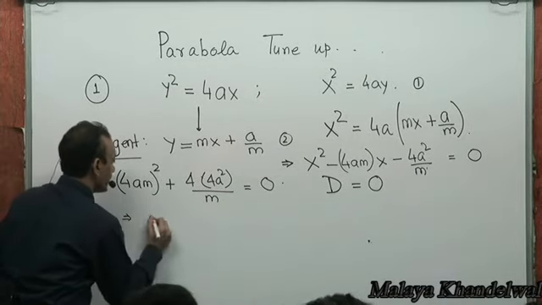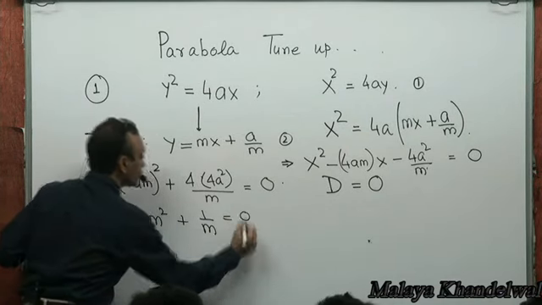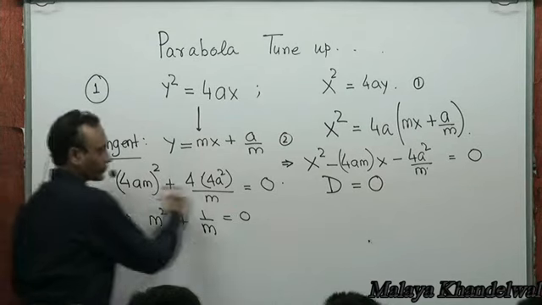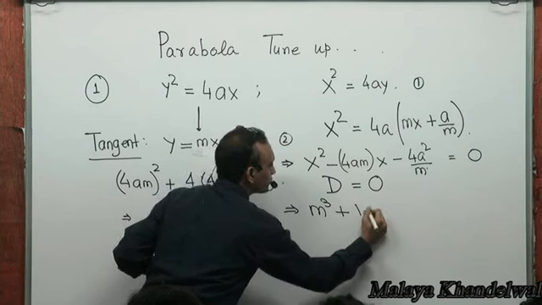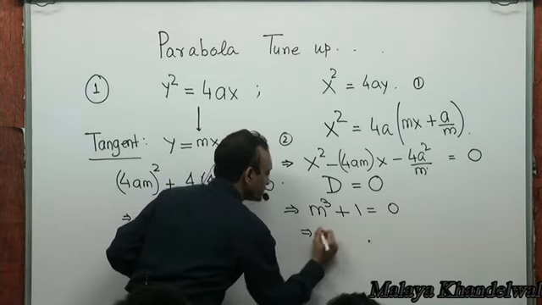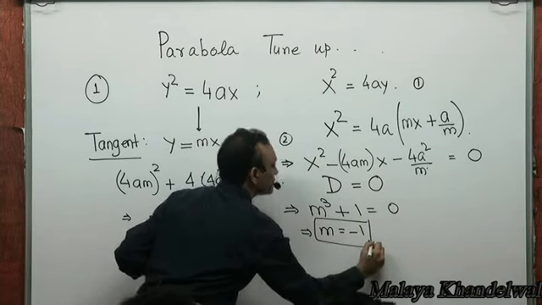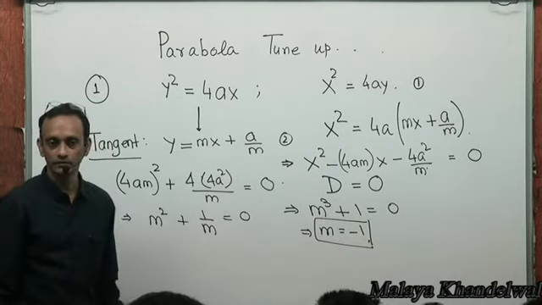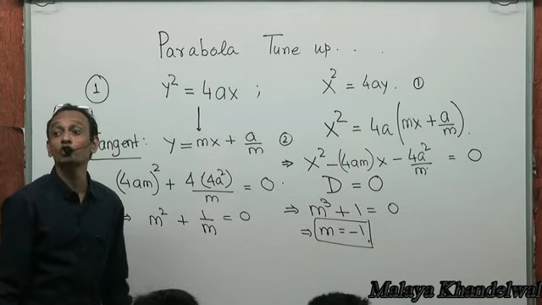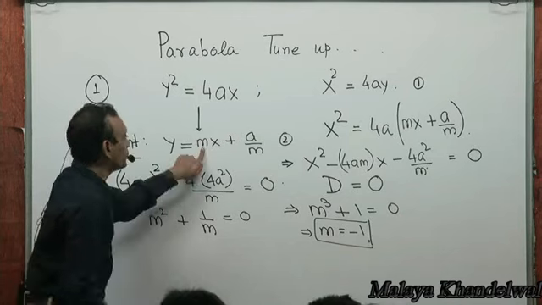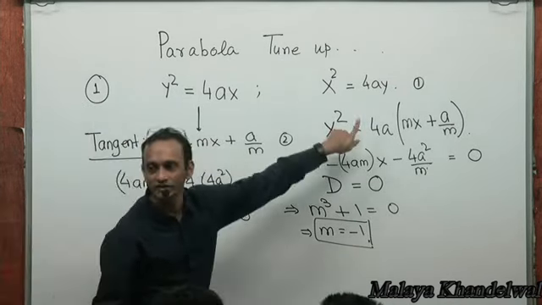Which gives me m squared plus 1 by m equal to 0, which in turn produces m cube plus 1 equal to 0, which has only one real root, which is m equal to minus 1. Right? So the common tangent will have slope m equal to minus 1. So put m equal to minus 1, this will become a common tangent between this parabola and this parabola.